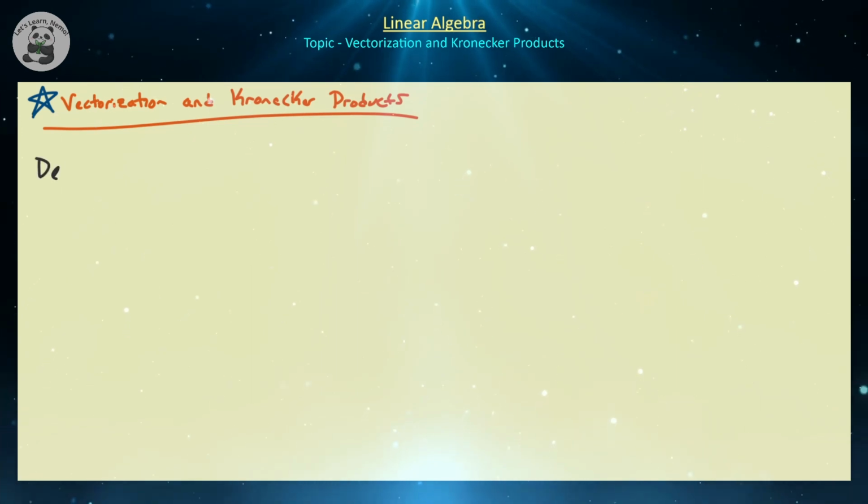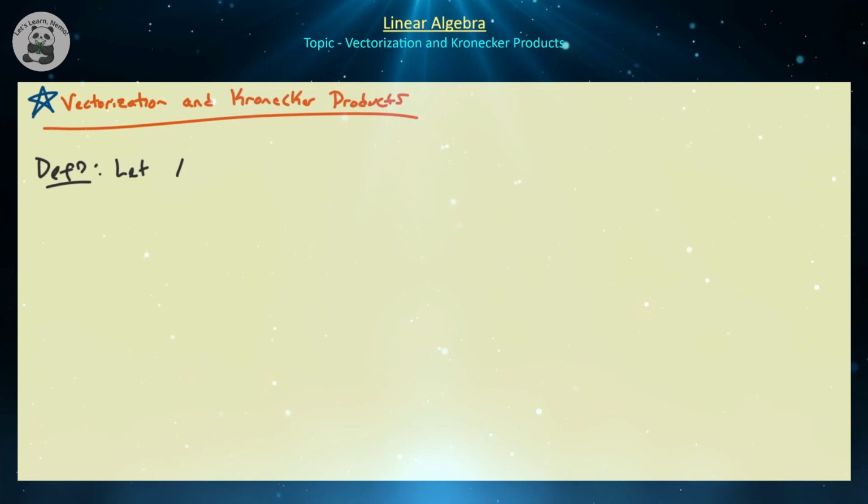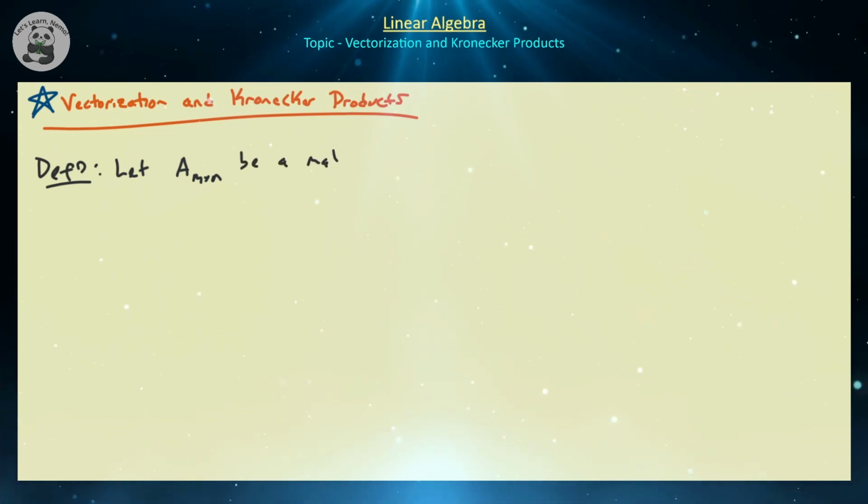So let's first off define what it means to vectorize a matrix. Let's assume that A is an m by n matrix, so rectangular, square, any is okay.